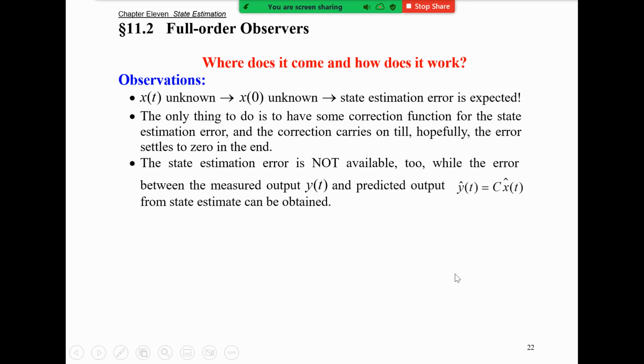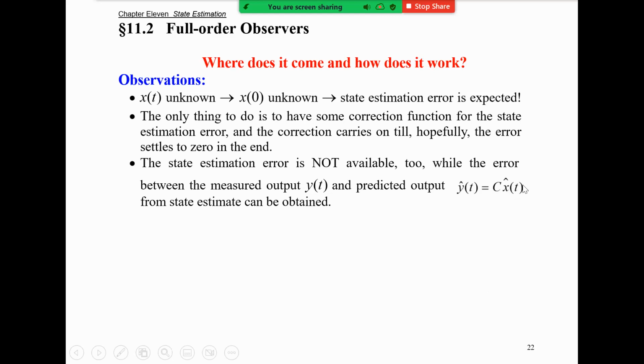The state estimation error itself, of course, is not available, right? We don't know the state. We don't know the x tilde, the estimation error. What we know is the output information, right? We measure the real output of the system, and the estimator will also give me the estimated output. Okay, y hat is C times x hat.